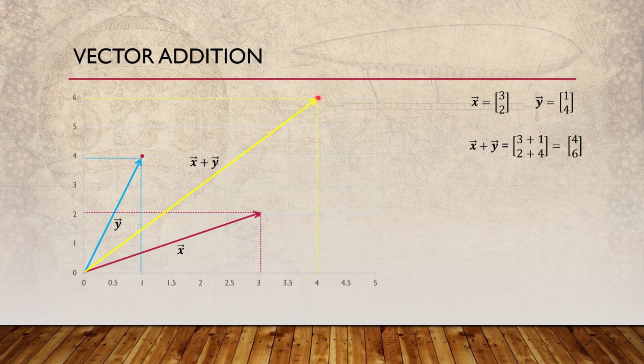Instead of that, can we analytically see how it will look when we add two vectors?